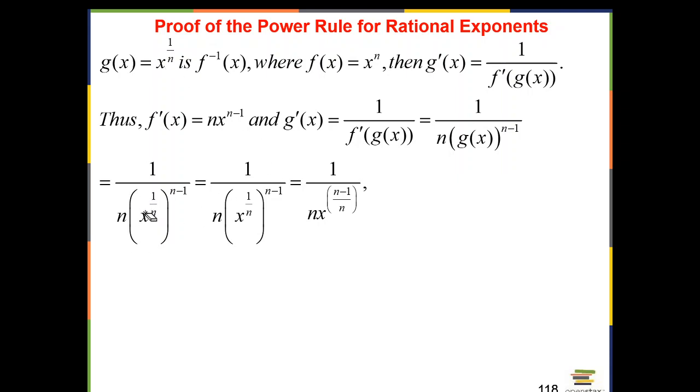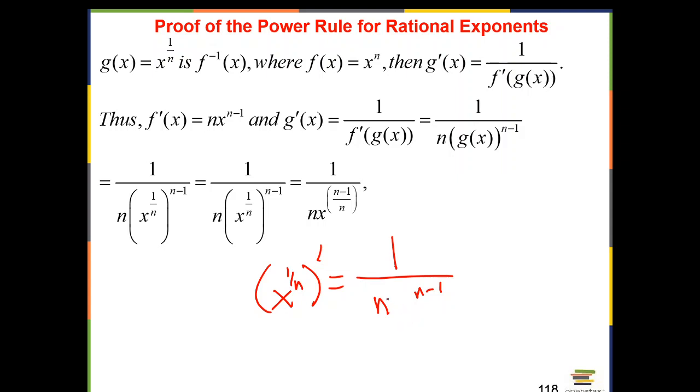So that's what you get. Let me write it here one more time to make sure. So x to the 1/n, the derivative of this would be 1 divided by the derivative of this, which is n x to the n minus 1.